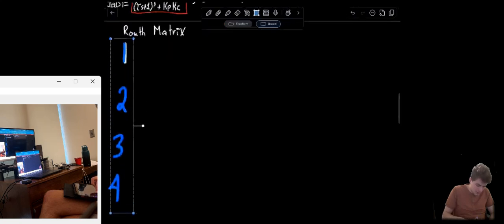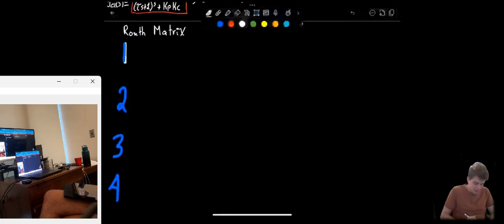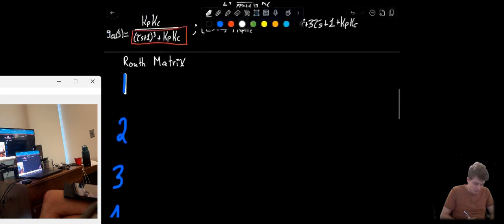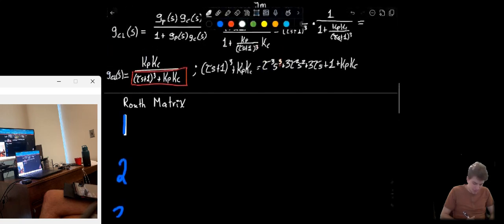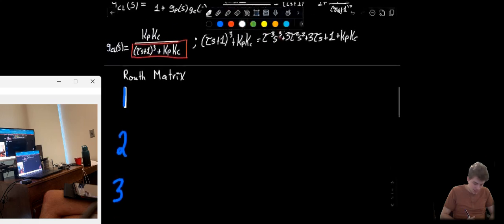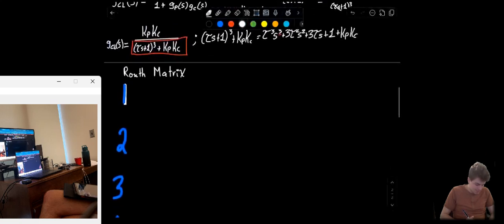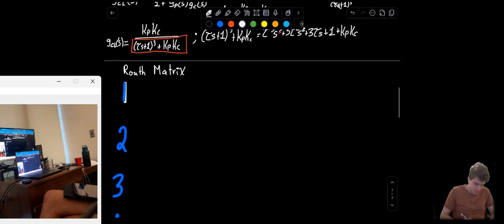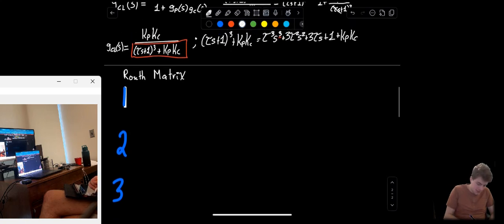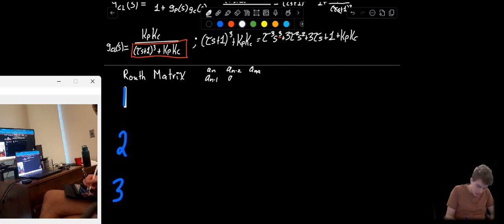So 4 rows, and the first row is fairly simple. It's just going to be the coefficients of our polynomial. The Routh matrix goes a_n, a_n-2, a_n-4 as the first row, and then a_n-1, a_n-3, a_n-5, and so on for the second row.